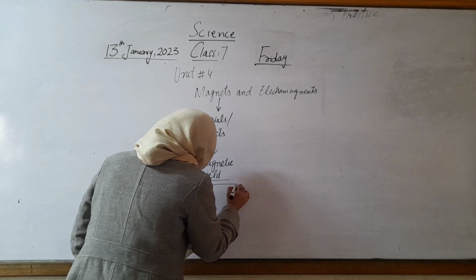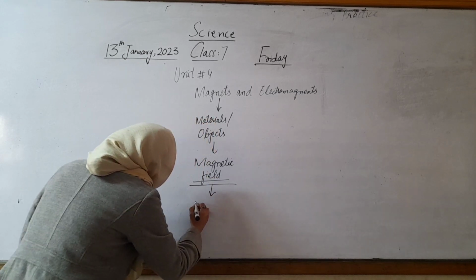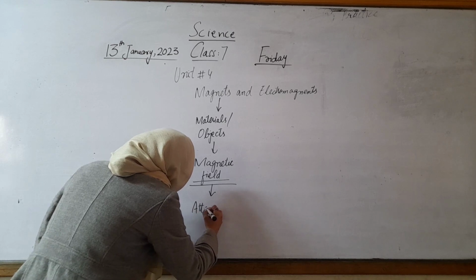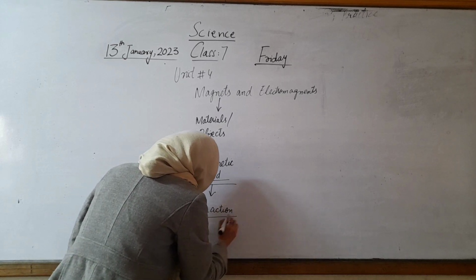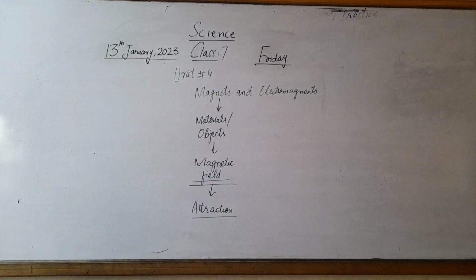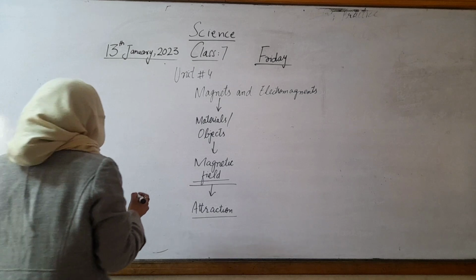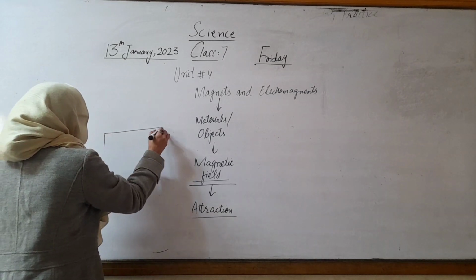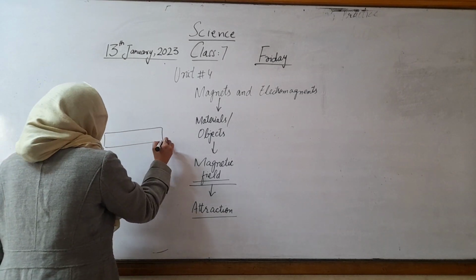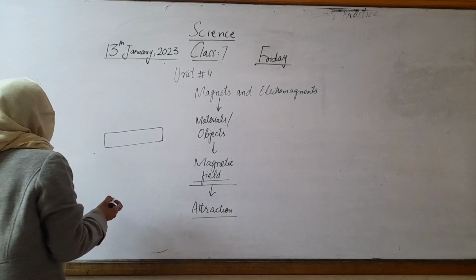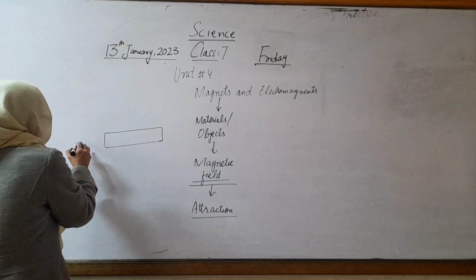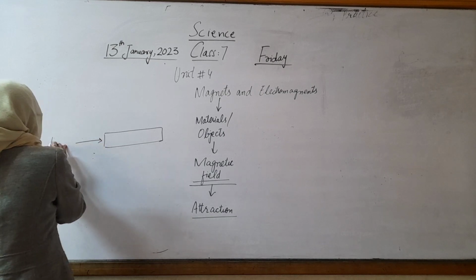Magnetic field is basically a type of attraction that you can observe by placing a magnet in front of any metallic object, for example iron.